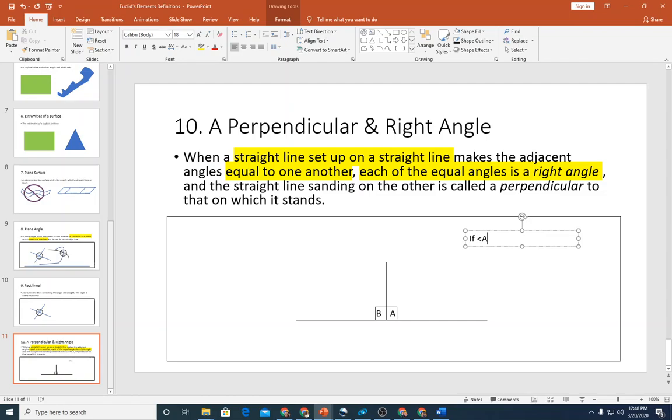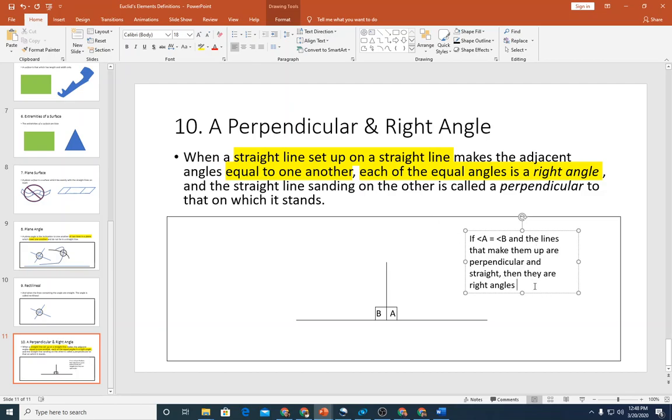If angle A is equal to angle B, then they are right angles. Actually, that's not quite true, right? It also has to be, and the lines that make them up are perpendicular and straight, then they are right angles.